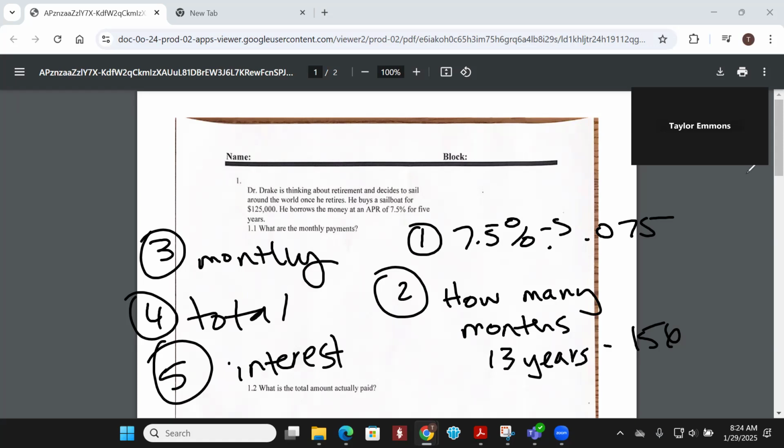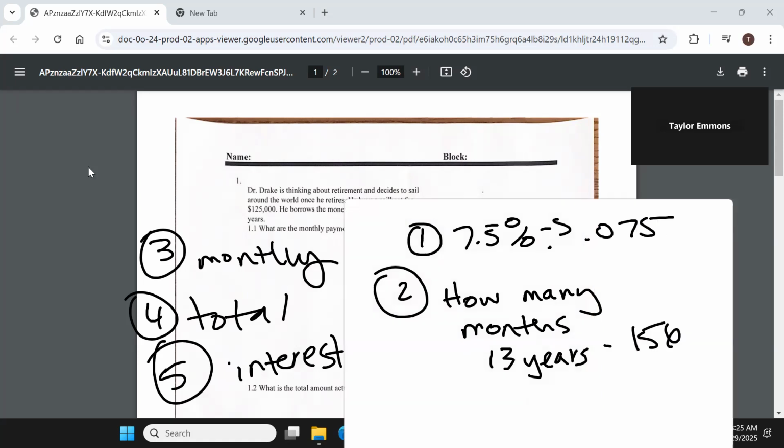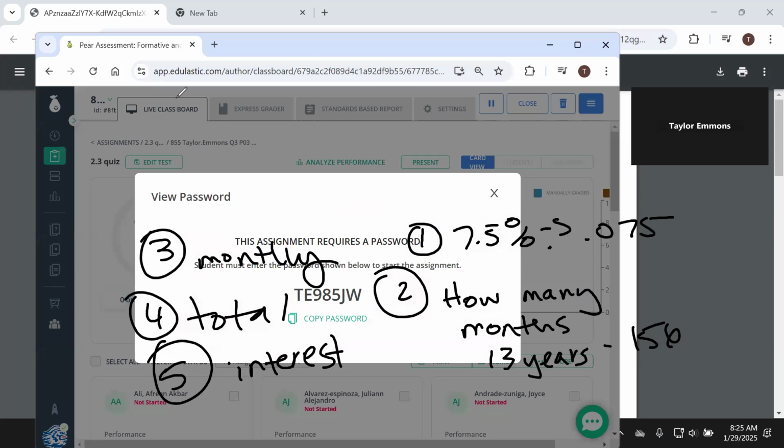Okay, we are on the 2.3 quiz. It's on paper, but you're gonna use a laptop. You're gonna log in. Everybody use Desmos? Okay, so go ahead and go to your peer assessment, go to apps. Here's your password in a second.